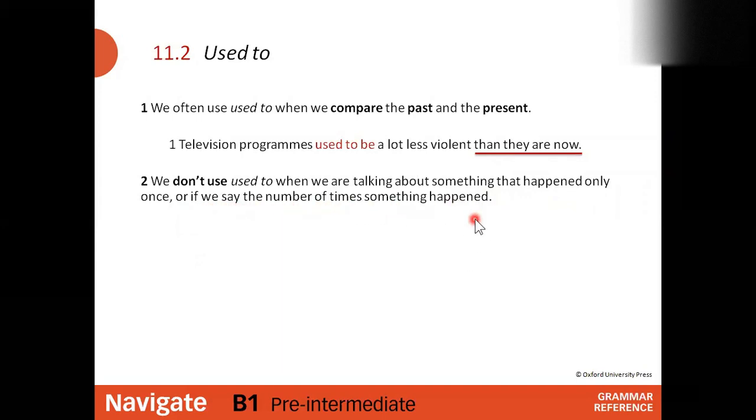If something happened only once, you should use past simple, not used to. Or if you say how many times something happened, you use past simple. So used to is used for regular actions.